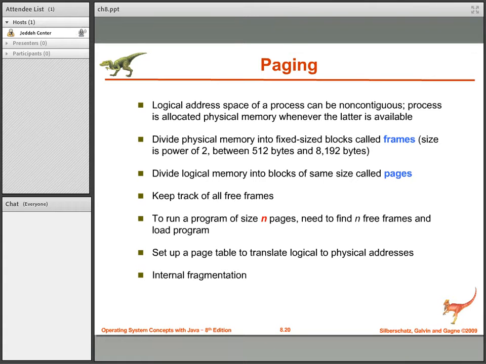We are dealing with it as a large number of fixed size blocks. These fixed size blocks are called frames. Normally, the size is arranged to be a power of 2, between 512 bytes and 8,192 bytes.